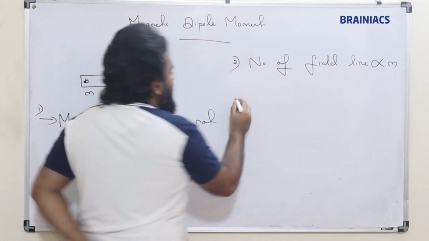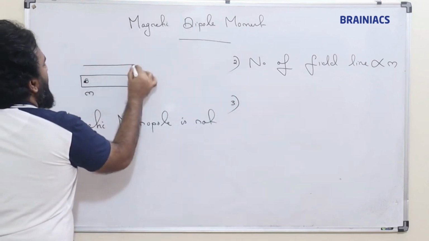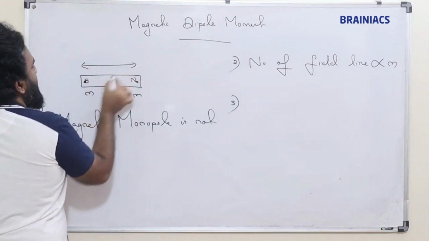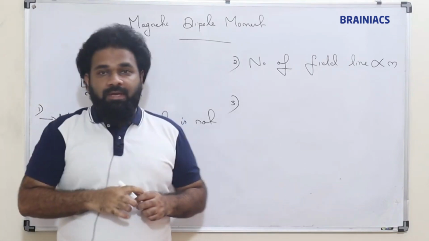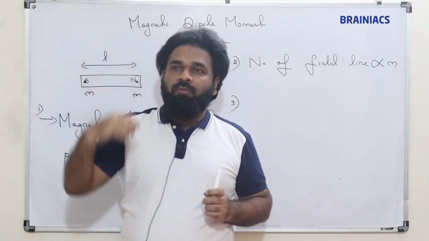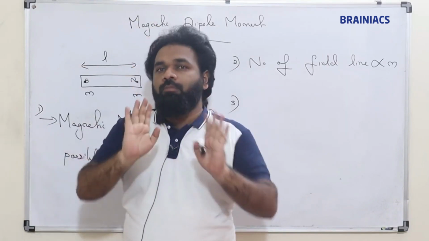Clear? Now third point, just like electric dipole, okay, this is also between a length L. Now when electric dipole is taken, we have taken 2L, we found the electric field lines in equatorial point, axial point. We will come to that.